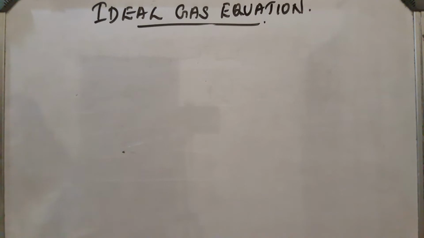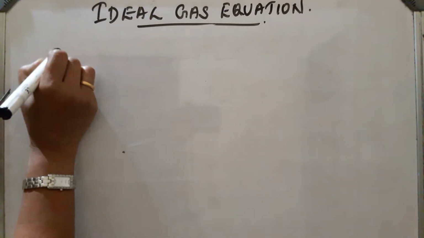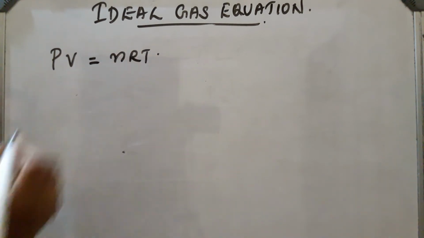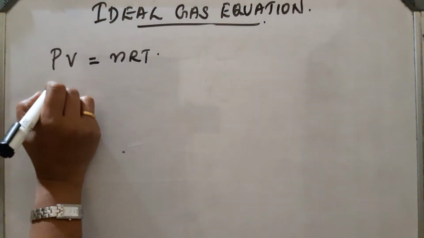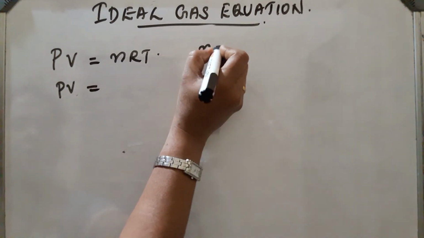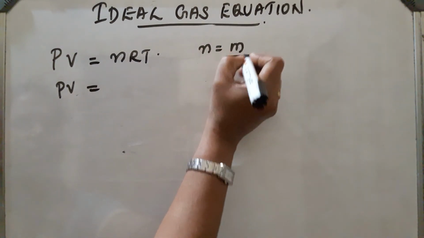Another form of the ideal gas equation: we know, according to the ideal gas equation, PV is equal to nRT, and also n is given mass by molar mass.